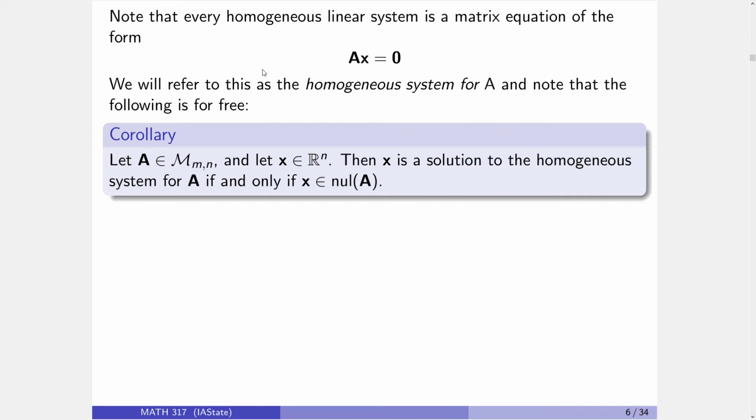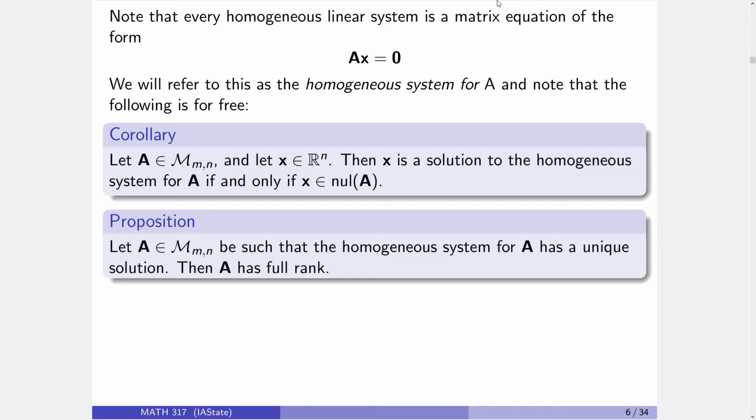Every homogeneous linear system of equations is just this matrix equation in disguise, and so the solutions thereof are just the elements of the null space. So we have now seen the two fundamental subspaces of matrices in action. We've seen the column space in action, and now we're seeing the null space in action.